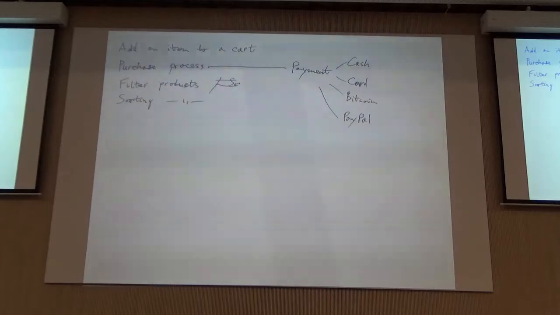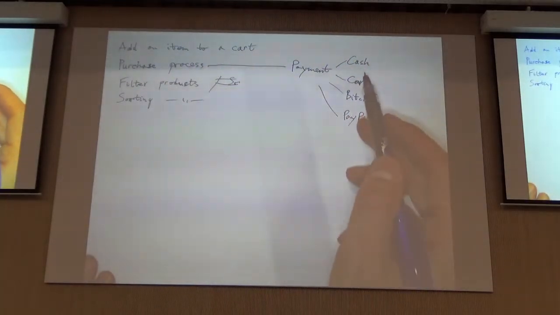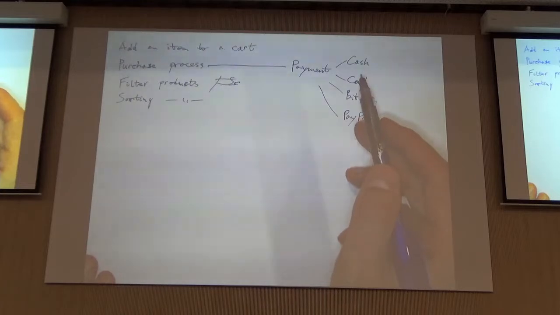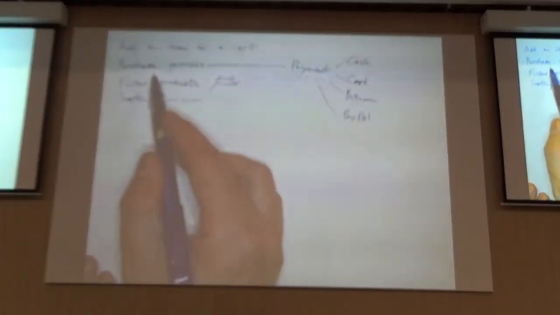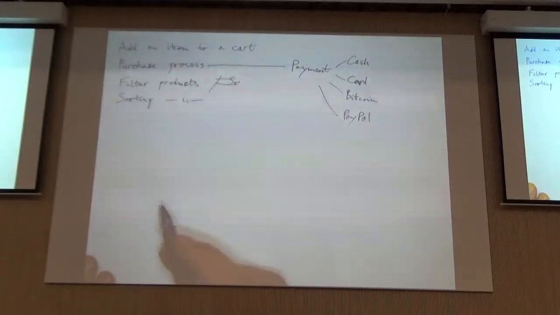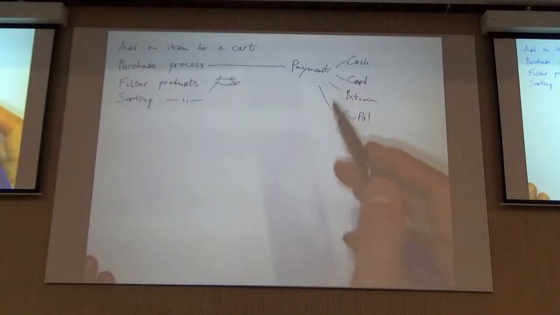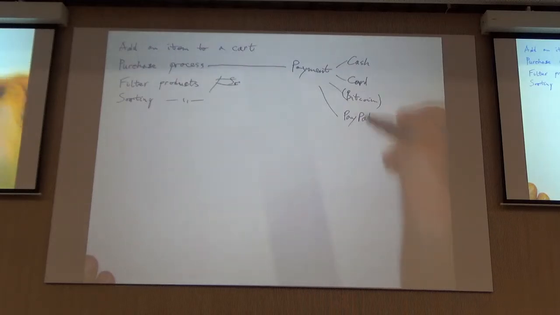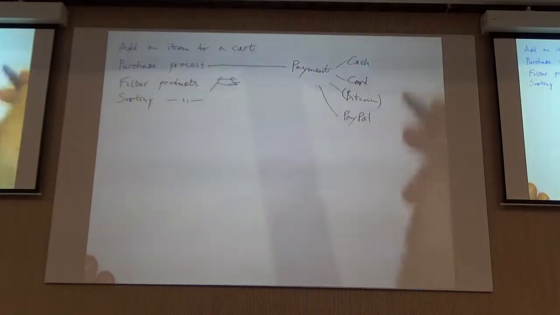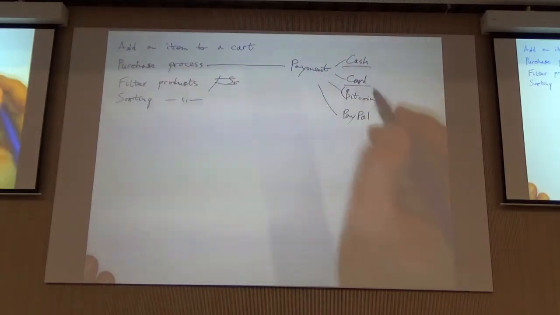Okay, so I'm already structuring these somehow, and these are also features, aren't they? But kind of sub-features to the payment, and payment is a sub-feature to the purchase process. Really I'm not sure about Bitcoin, so it might be an optional thing, but I'm sure that I want to support cash payments and card payments.